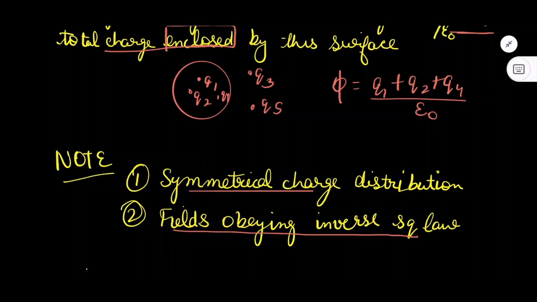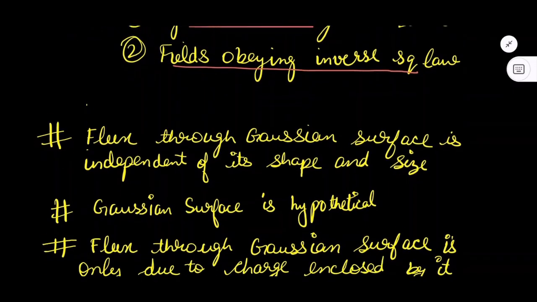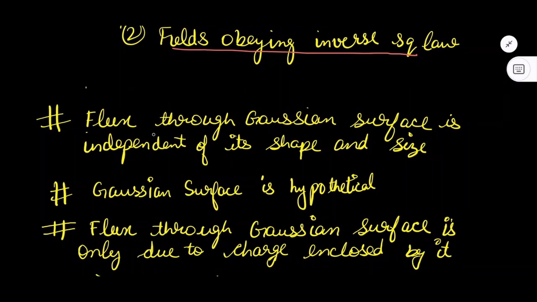We have seen this inverse square law field in our class 11th also, that is the gravitational field. So we can also apply Gauss law in that case. Now another important point is that flux through the Gaussian surface is independent of the shape and size.